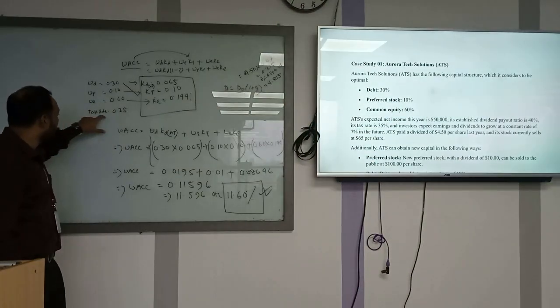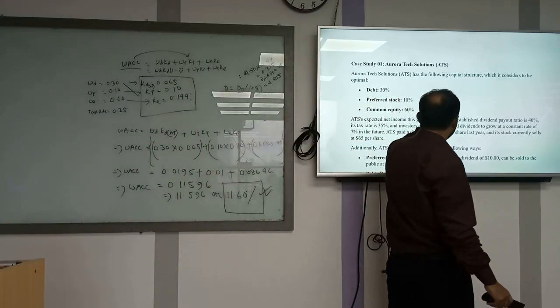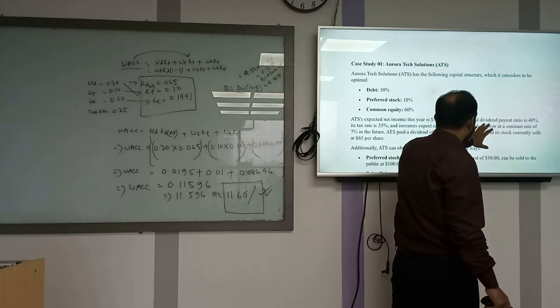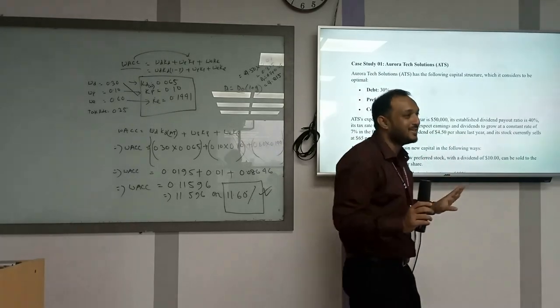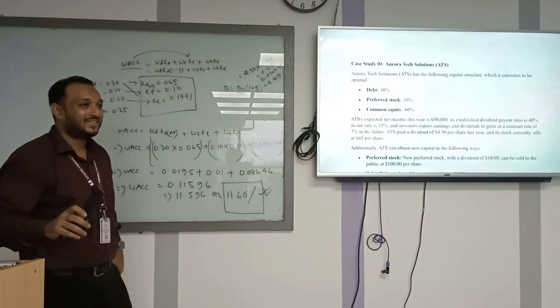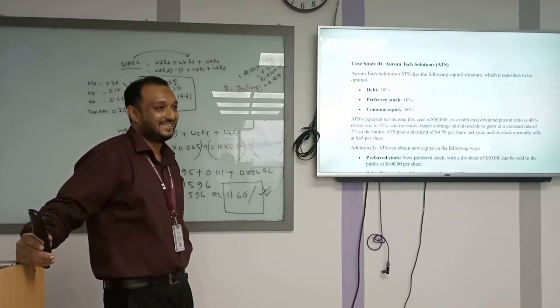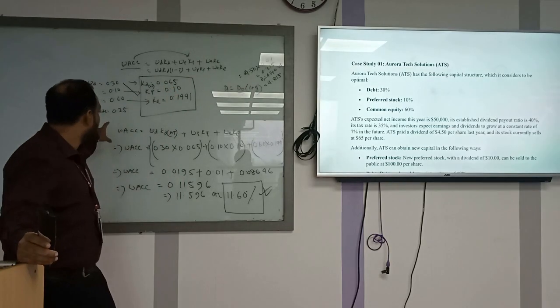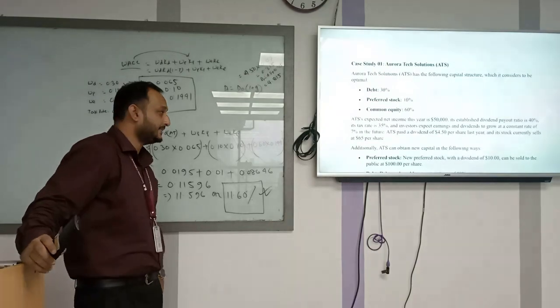Tax rate is also given। এবার দেখেন, এখানে একটা ইনফরমেশন আছে: expected net income this year is 50,000 and its established dividend payout ratio is 40%। This information has nothing to do with this math। এই ইনফরমেশন দুটো কিন্তু এই ম্যাথে কোনো কাজ নেই আসলে, but it has been given to confuse। Tax rate is also 0.35, 35%। Done?